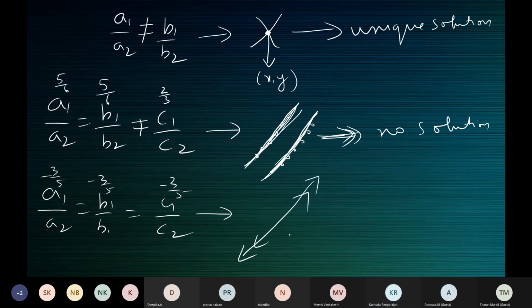This is one line and this is the other line. One line lies on the other line. They are coincident lines, which means infinitely many solutions.